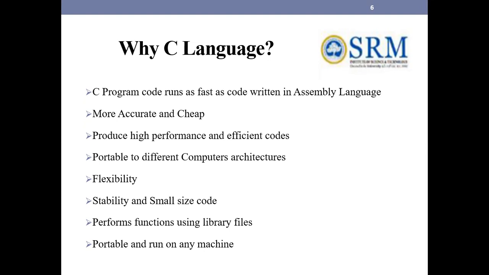Here, the execution time of a C program is very less compared to other programming languages. So it provides high performance and efficient coding concepts, and is portable to different computer architectures. So C language we can install on any computer architecture.